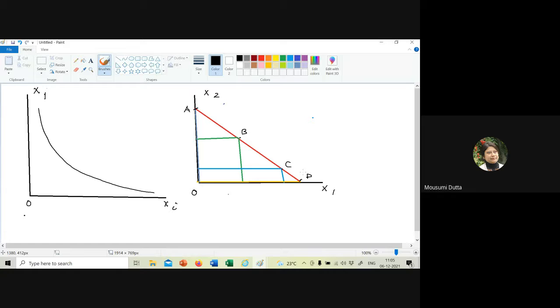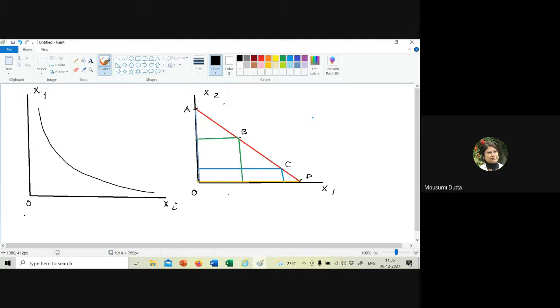That means the consumer is equally satisfied at all the points A, B, C, D. Now, peculiarly, when I'm considering a point like A, the consumer is consuming only X2. When I'm considering a point like D, the consumer is consuming only X1.